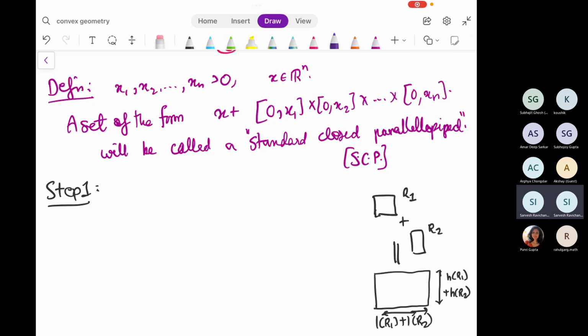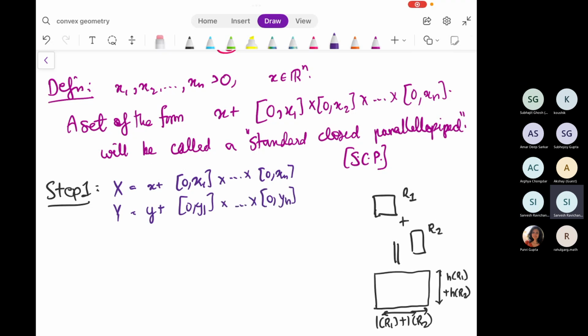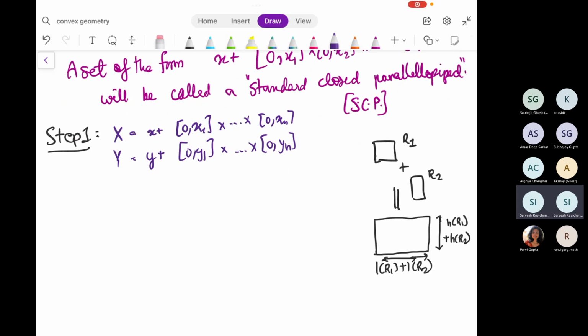So what would step 1 say? Step 1 would say the following. You have two standard closed parallelepipeds, let's call them X and Y. So X is of the form small x plus 0, x1 cross up to 0, xn, and Y is of the form y plus 0, y1 cross up to 0, yn. What do we know here? We know what the volumes of X and Y are, of course.